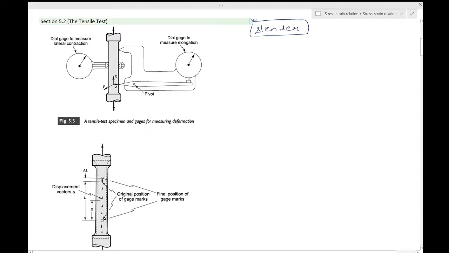Our aim is to use tensile test data to formulate quantitative stress-strain relations, which when incorporated with equilibrium and compatibility requirements will produce theoretical predictions in agreement with experimental results. So using this tensile test, you want to find a relation between stress and strain.